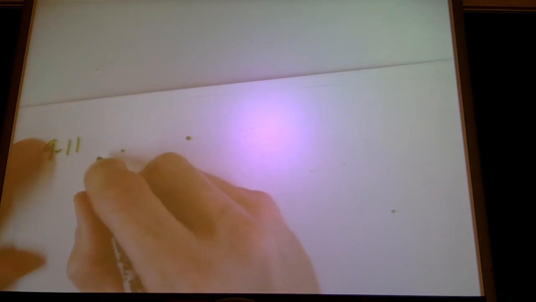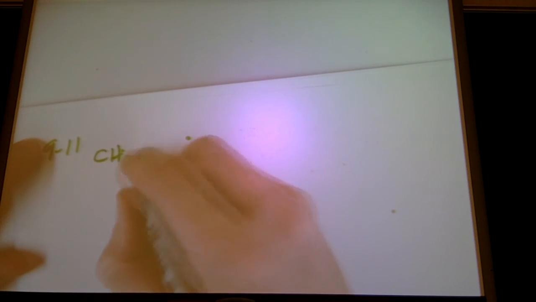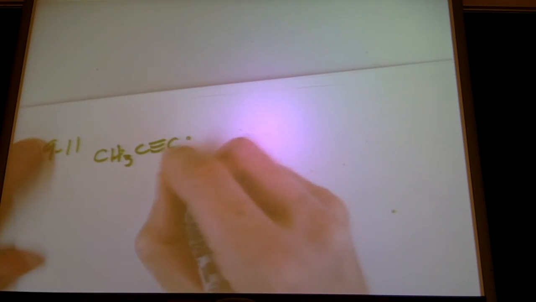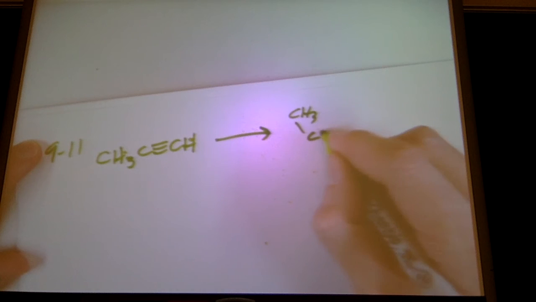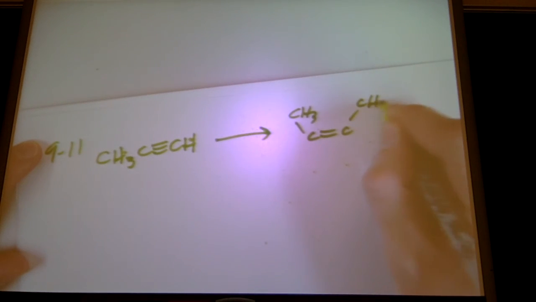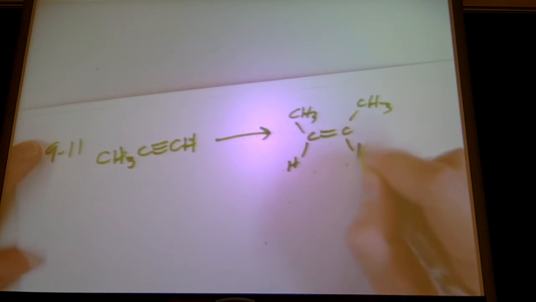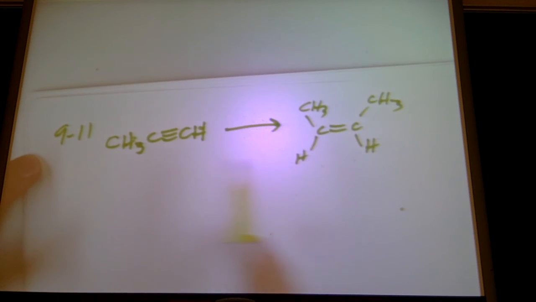It says, how would you prepare cis-2-butene starting from propyne, an alkyl halide, and any other reagents needed?